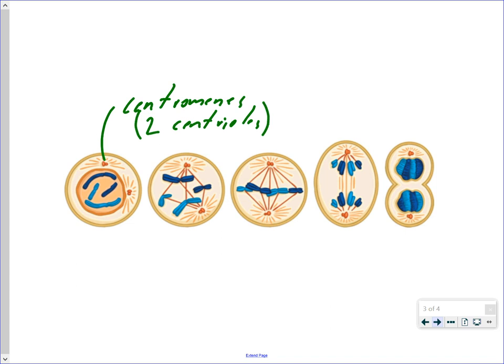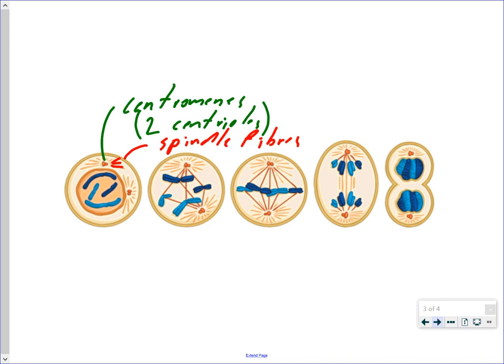And these centrioles give rise to these fibers that are sticking out. And these fibers that are sticking out are what are going to move the chromosomes around, and they are called the spindle fibers.